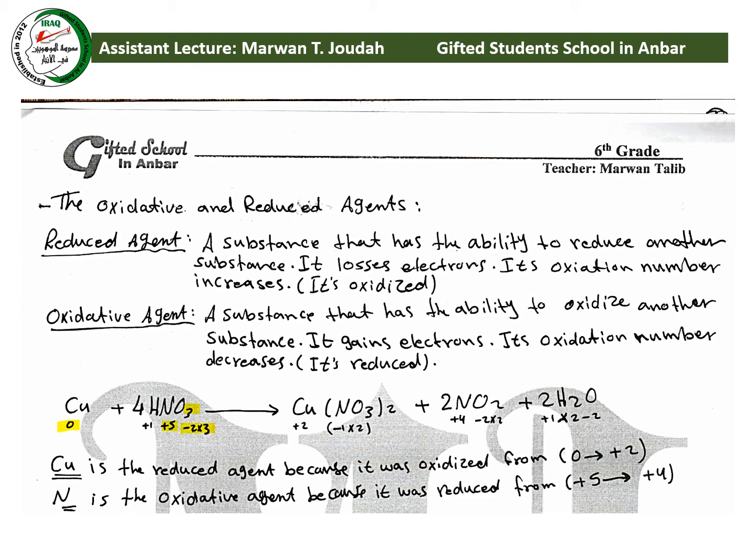So if we see an increase in the oxidation number of an element, we'd say this is a reducing agent. With a reducing agent, oxidizing happened, which means that the oxidation number of a substance increased. So the copper here is a reducing agent.